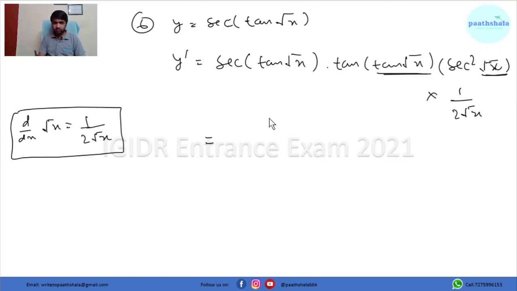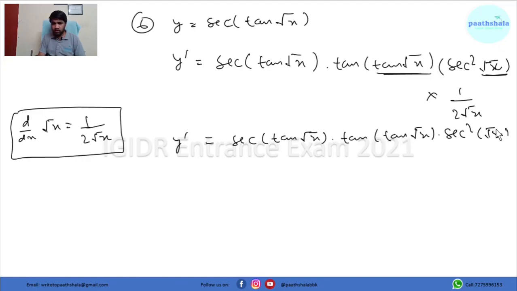Okay, so let's rewrite it in a slightly simpler manner. So this will become sec of tan root x into tan of tan root x into sec squared root x, and the whole upon 2 root x.